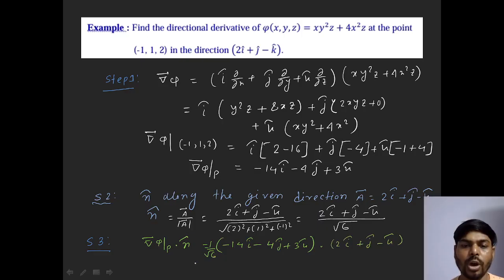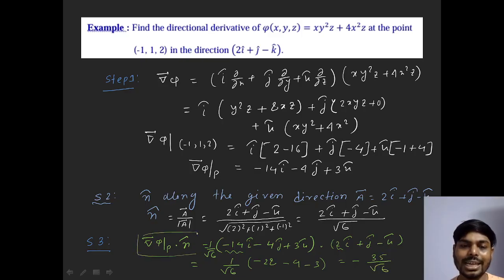I believe that you all know how to solve this dot product. 1 by root 6 as it is, it gives you -28 plus, i cap dot i cap is 1, then -4, and it gives you -3. So the result is minus of 35 by root 6.